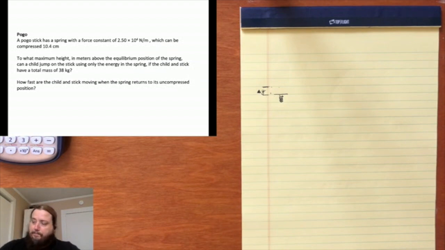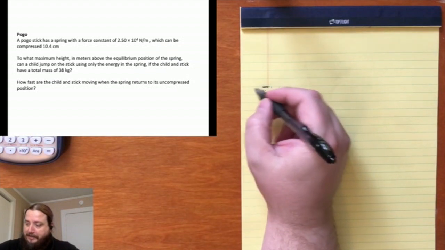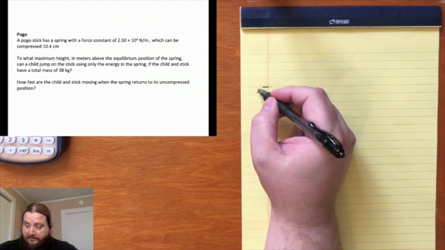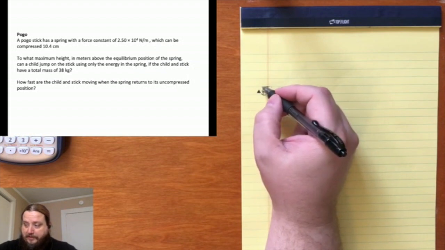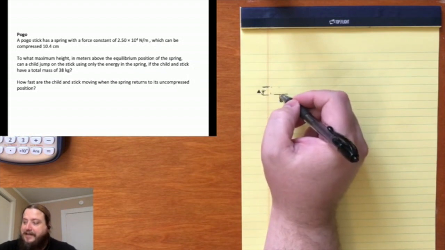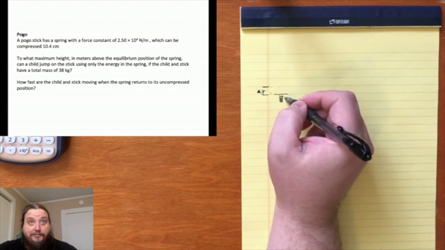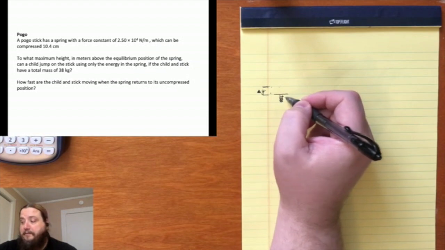In other words, we could define this position right here, the uncompressed spring position, as the 0 point of gravitational potential energy, in which case at the maximum compression we would have negative gravitational potential energy.